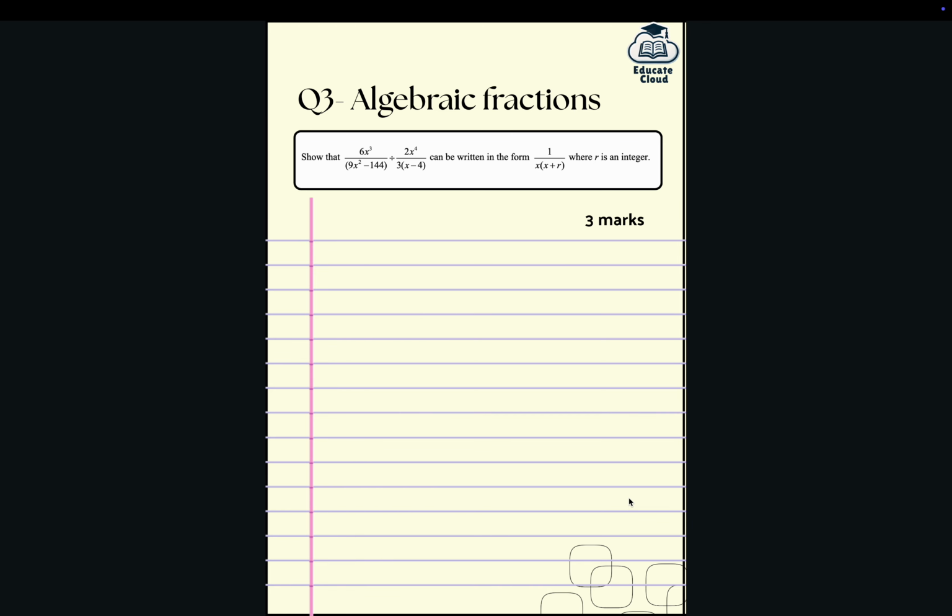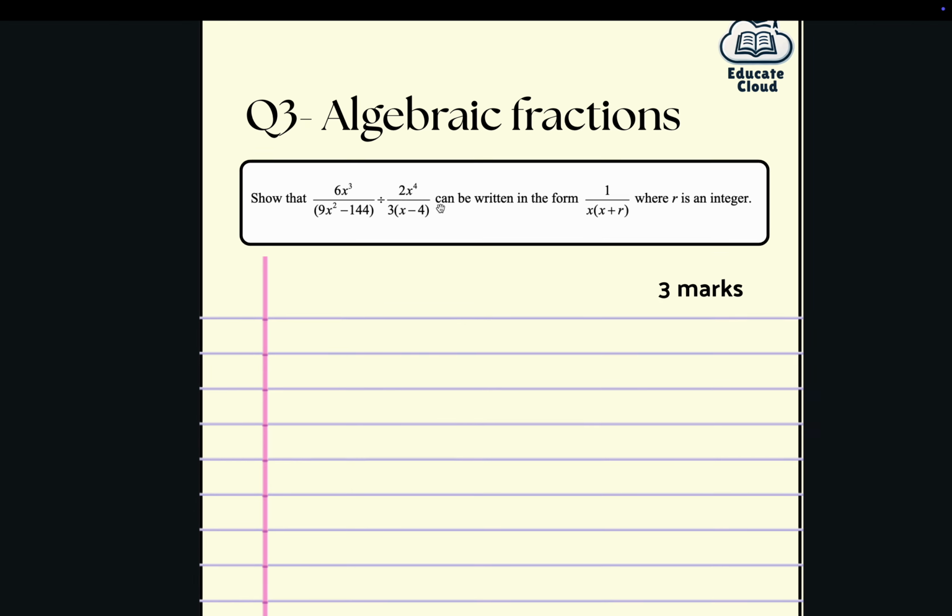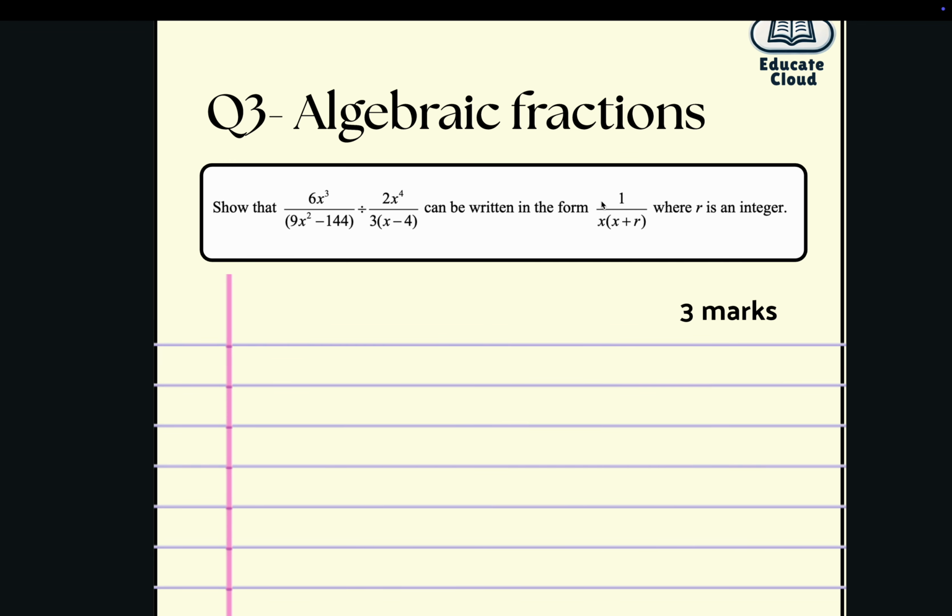Okay, for question 3 then. Question 3 is asking us to write this algebraic division in this format. Anytime we get a question like this, we're going to first factorize.